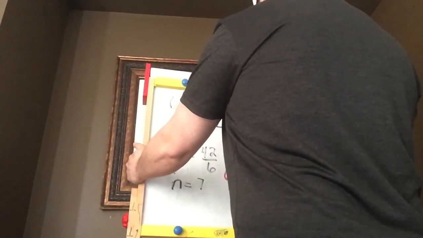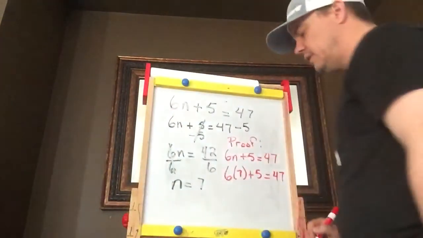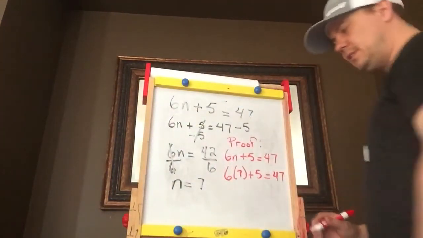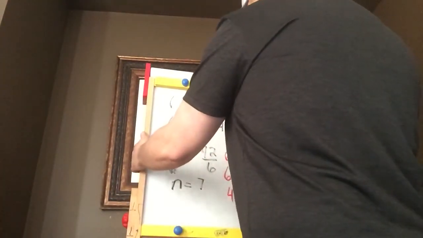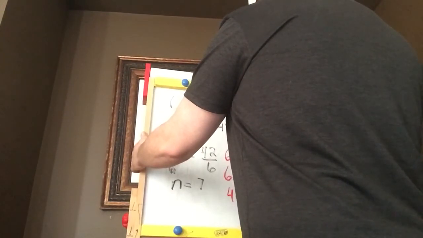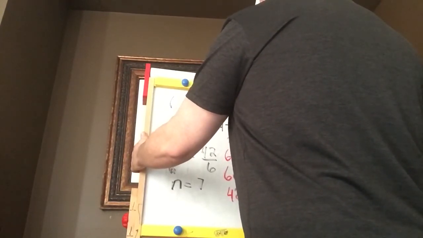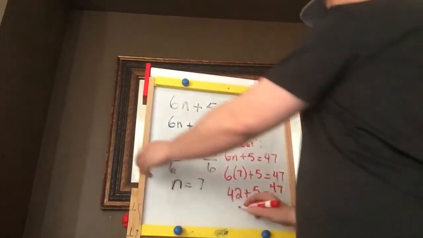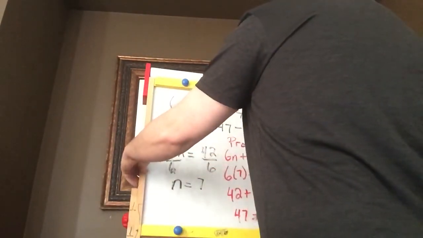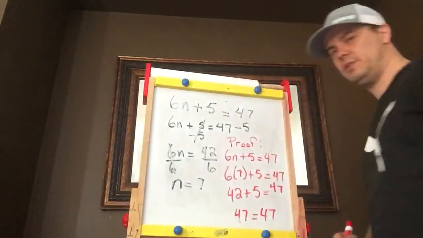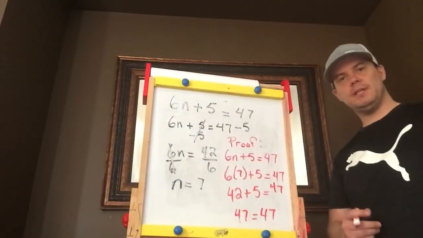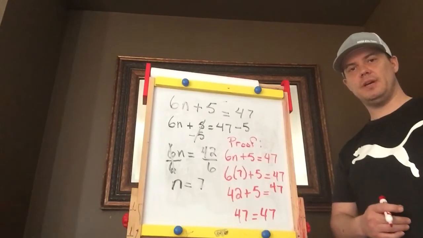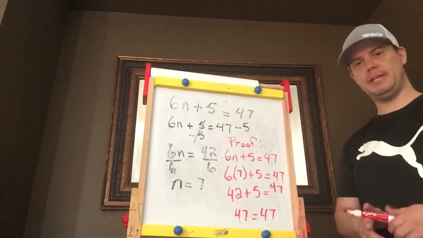Becomes 6 times 7 plus 5 equals 47. 6 times 7 is 42. You end up with 42 plus 5 equals 47, and 42 plus 5 does in fact equal 47, so you got 47 on both sides, meaning that you have the correct total for your variable n.